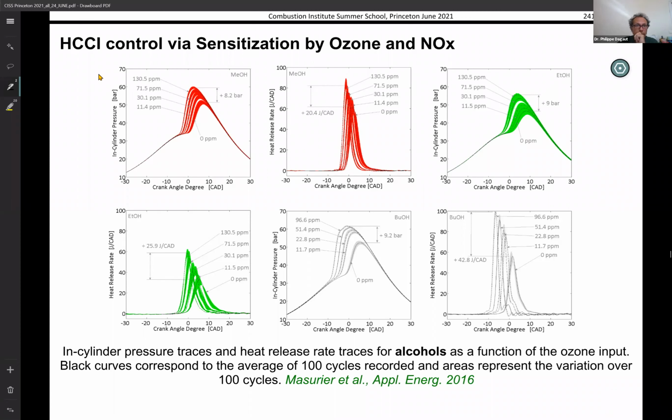In terms of in-cylinder pressure, which is increasing with increasing addition of ozone, and same thing with ethanol, and same thing with butanol. So every time you increase the initial concentration of ozone, you get a larger effect.